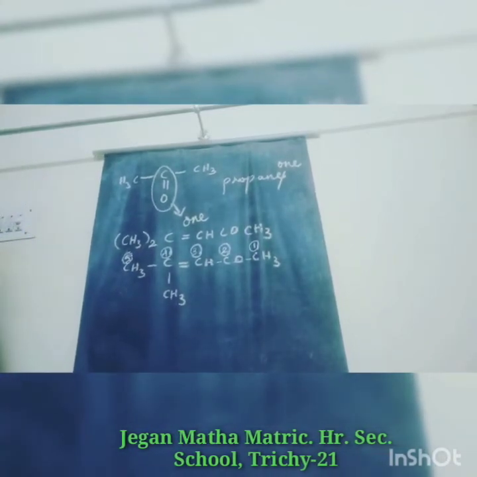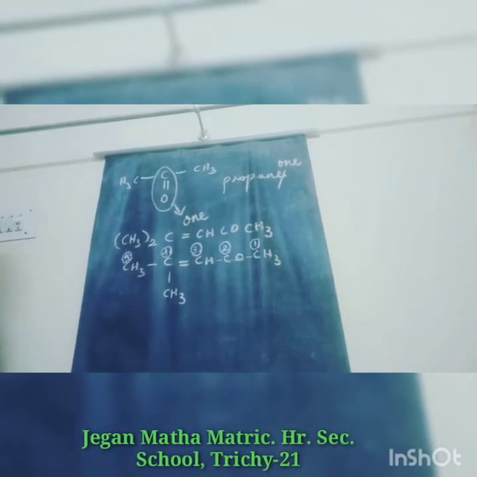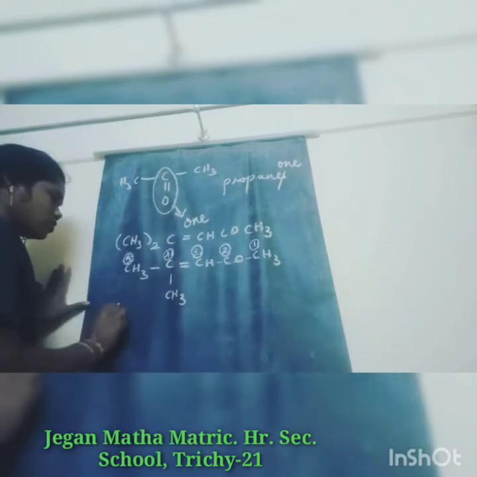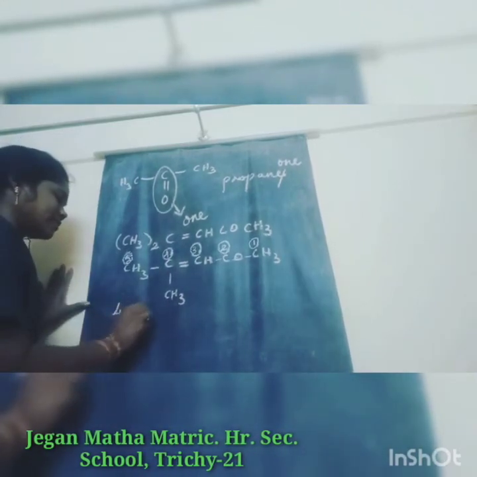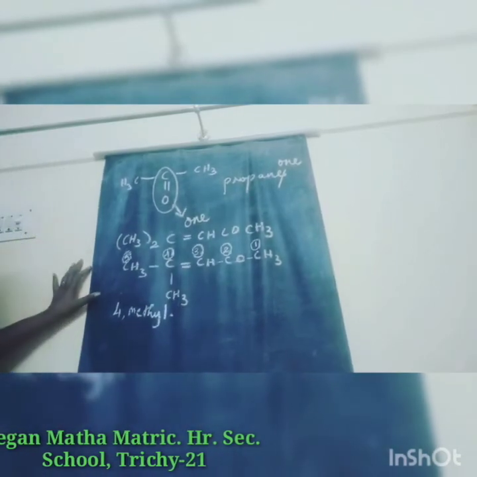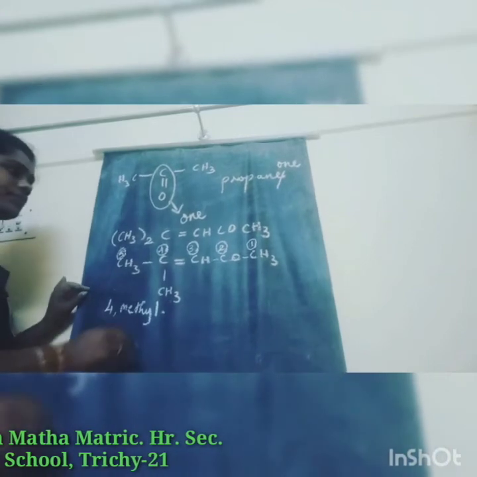Okay, how to write the name for this compound? In the fourth carbon a substituent group is present. Which type of substituent is present? A methyl substituent is present here, so 4-methyl. And then what is present here?